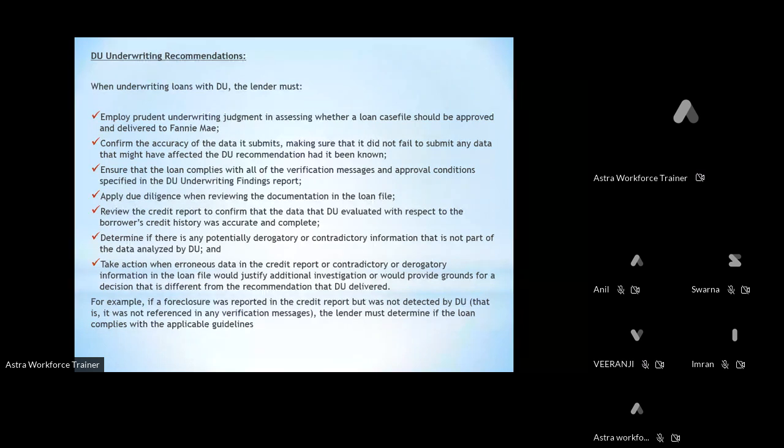Then that's an inaccuracy of the data, right? So we have to ensure that we have documentation in the file that supports the DU recommendation. If the bankruptcy is closed but the documents we have in the file are not sufficient to support that, then the AUS recommendation will be going in the wrong way, right? So we have to cross verify everything.